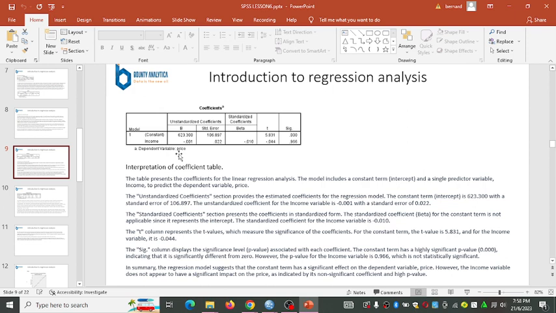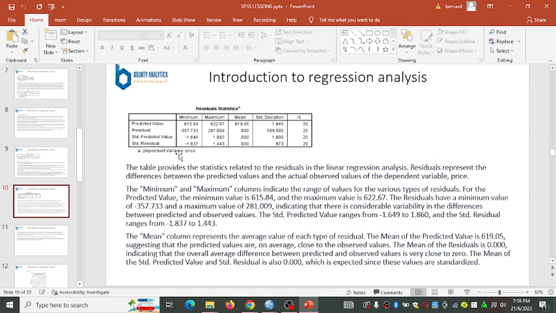Okay, let's continue. So these are the coefficient. This is for coefficient, and another one is for residual. Let's interpret the predicted values.